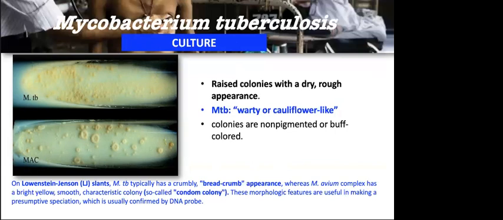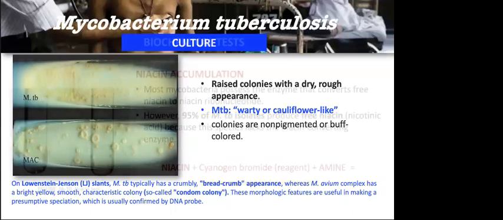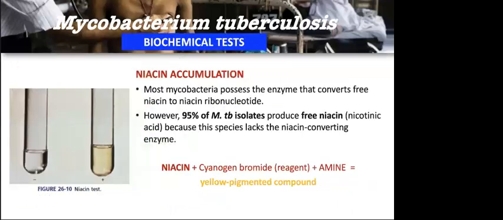Breadcrumb appearance on your Lowenstein-Jensen. Whereas the MAC, or the Mycobacterium avium complex, appear like condoms. They look like condom colonies here. So the TB bacilli will look like breadcrumbs, and your MAC, or avium complex, will look like condom colonies.